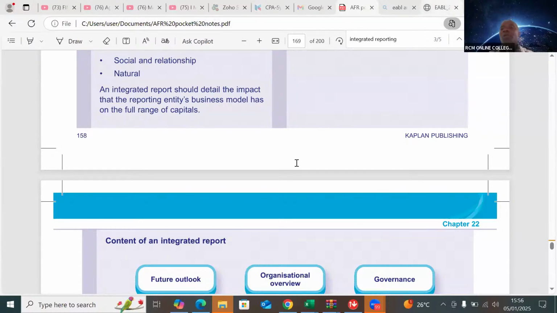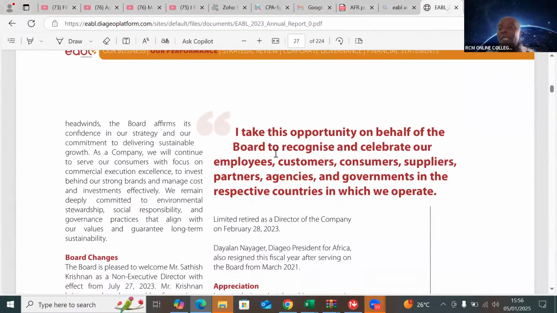All right. So then I would want us, ladies and gentlemen, to have a look at something here. Yeah, please also, if possible, ensure that you get hold of EABL's integrated report and print it.